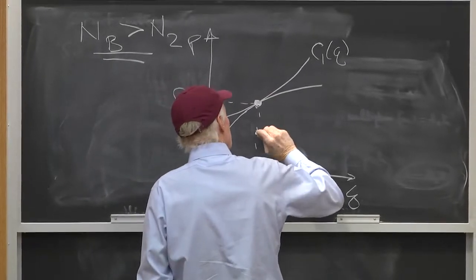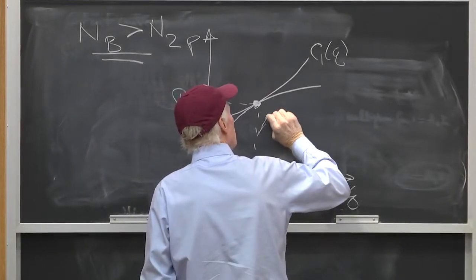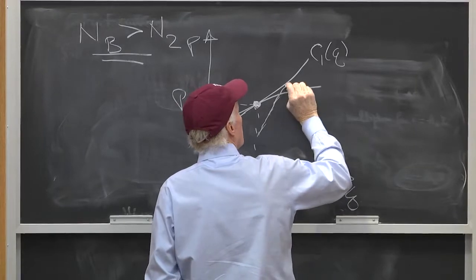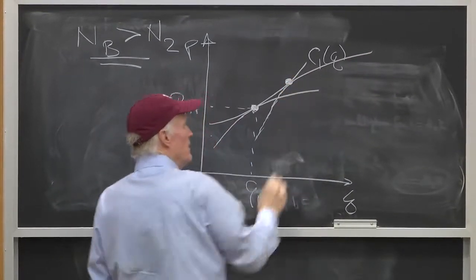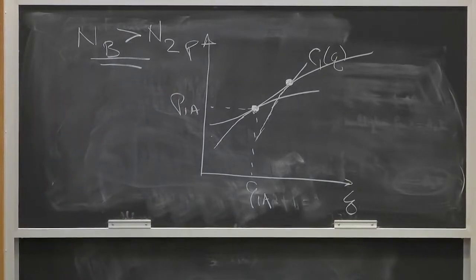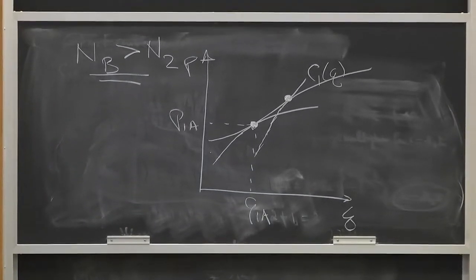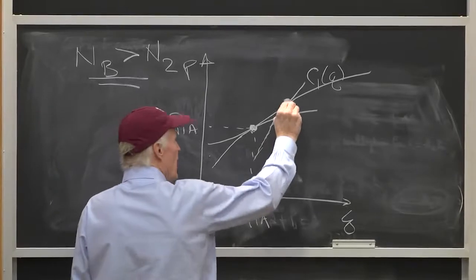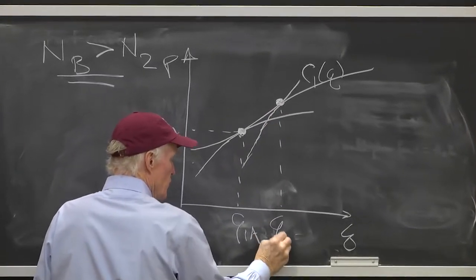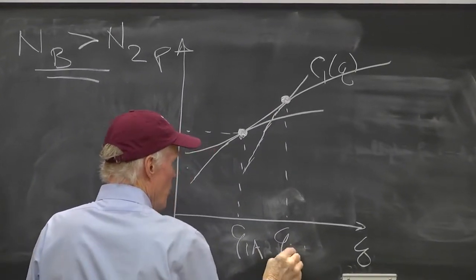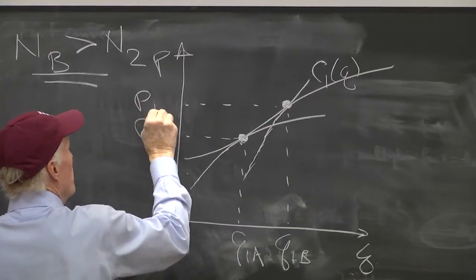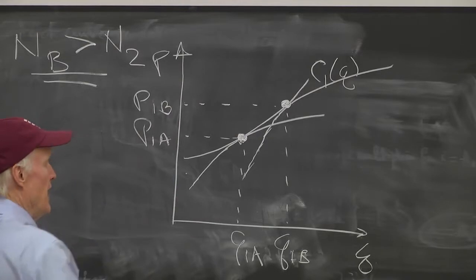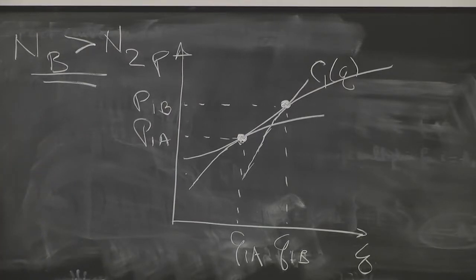So the B's, because they have a preference for quality, are going to have to buy up here, right? They're going to be somewhere else along that cost curve. They're going to want a higher quality, Q1B, P1B. That's where the B's are going to be. Everybody agrees with that?